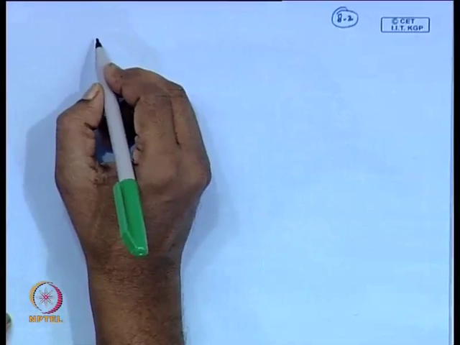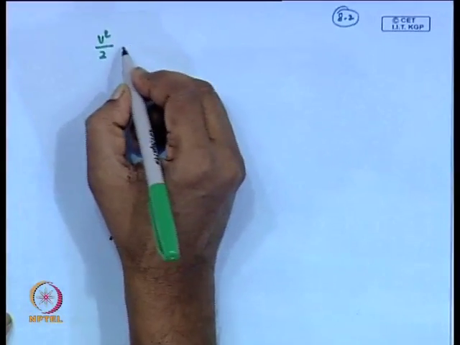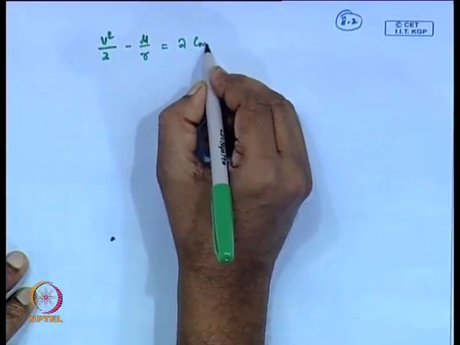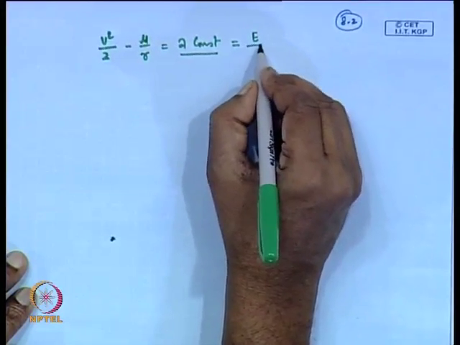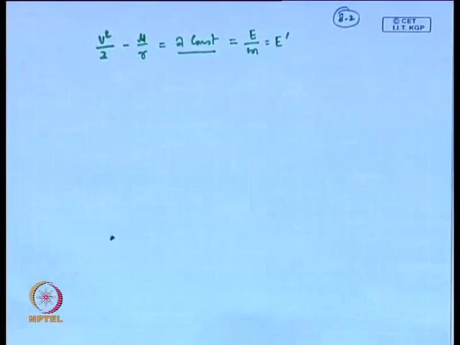Okay. Last time we found that V square by 2 minus mu by r is a constant, and this was nothing but the total energy per unit mass. So, we could write it this way. This we discussed last time.